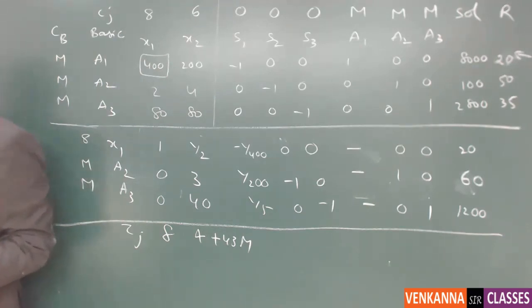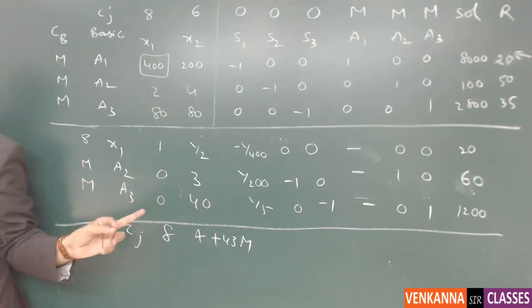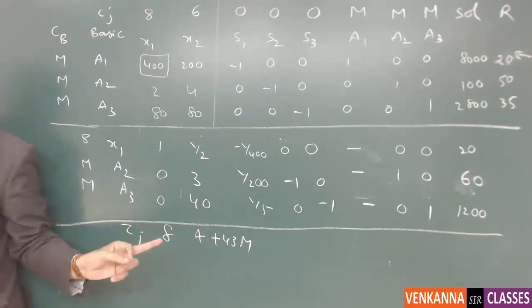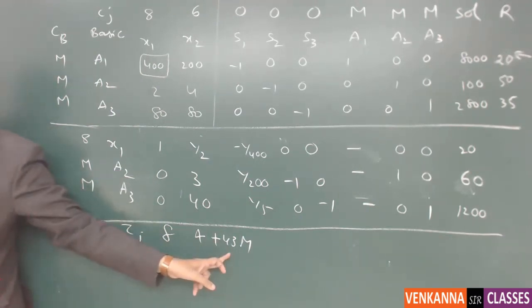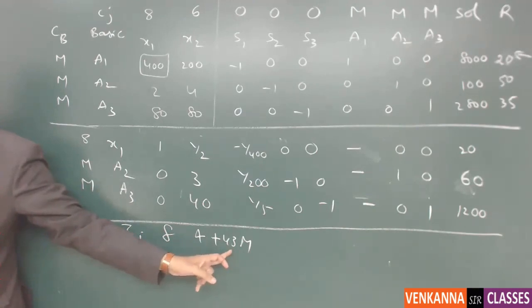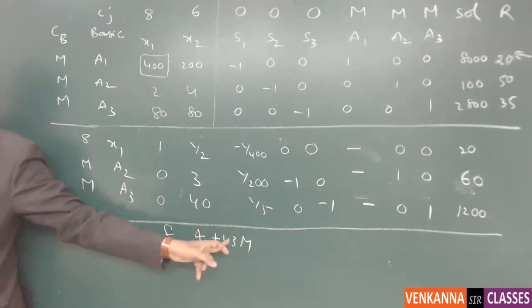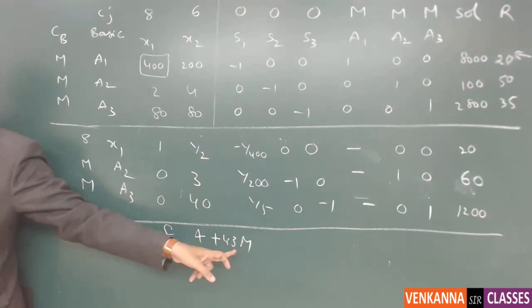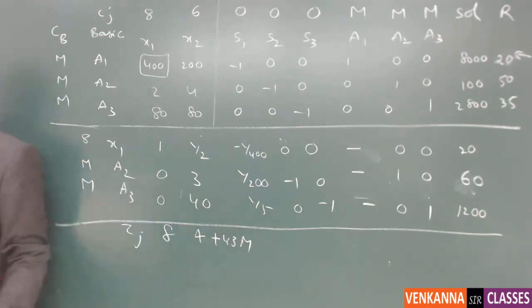So the difficulty in this method is, while calculating Zj and Cj minus Zj, calculating with M gives a difficulty for us. Sometimes you will get fractions also here, 22 by 7 into M, minus 81 by 2 into M, like that. So these fractions will give time complexity for solving the problem.